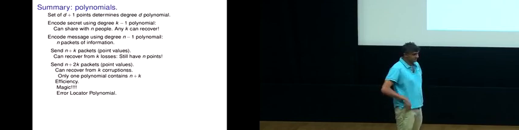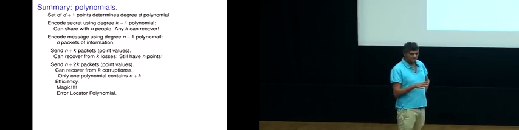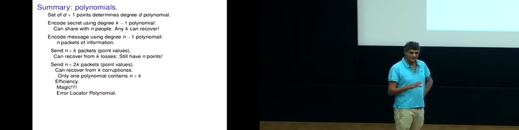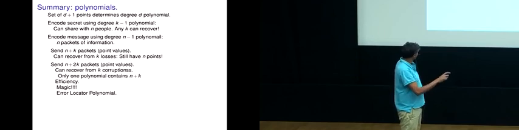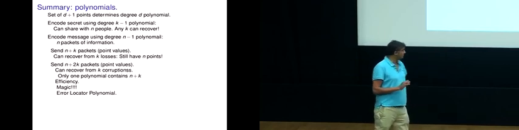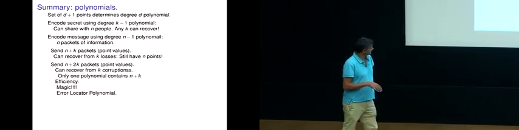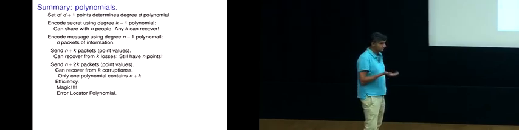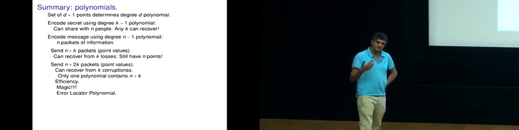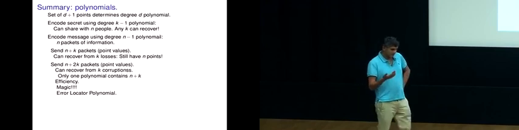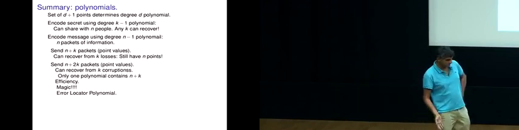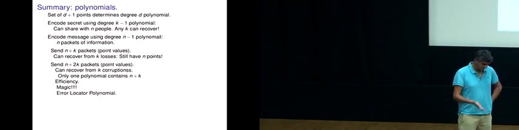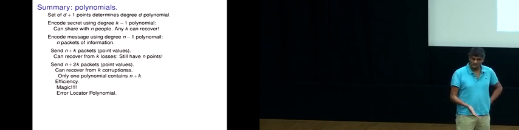Berlekamp and Welch, it's called the Berlekamp-Welch or Welch-Berlekamp, I forget which, decoding algorithm. And what they introduced is this idea of an error locator polynomial. And error locator polynomials use the same sort of idea. It says, oh, I could write down a polynomial with k roots.